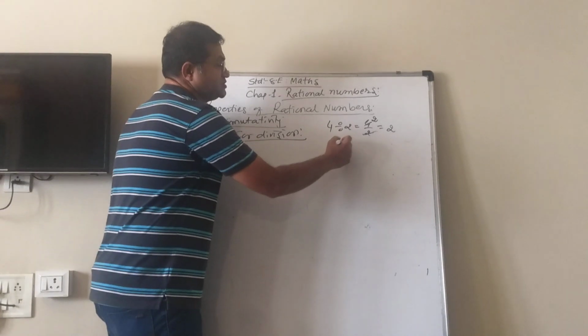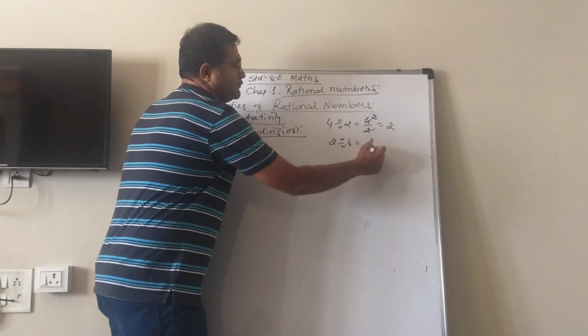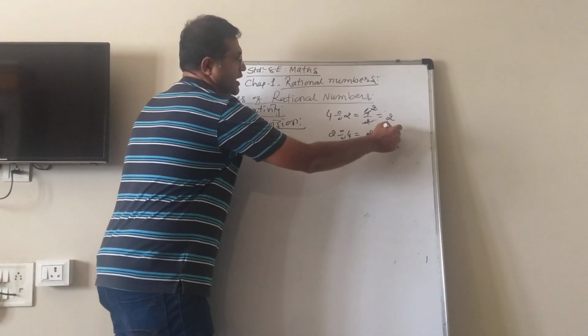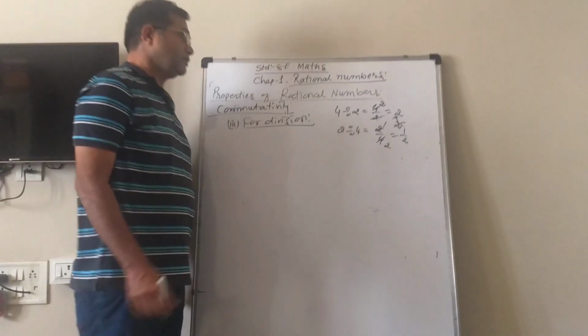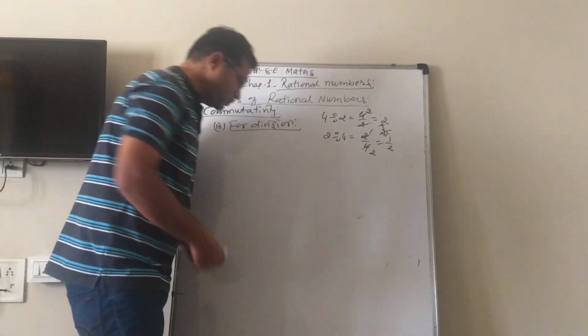But if you change the order, 2 divided by 4 means 2 upon 4, so the answers are not equal. The same thing we can apply here also.